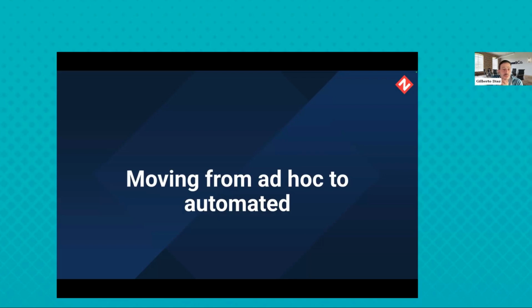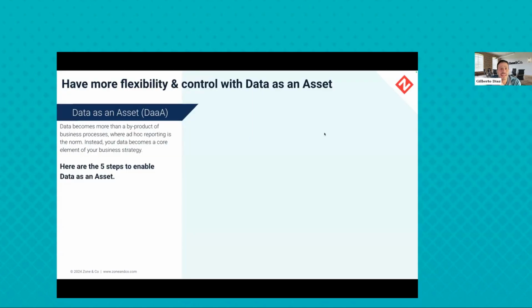So let's go from a discussion point, moving from ad hoc reporting to automation, because it seems like that is the thing to focus on. If you're able to do that in a good way, hopefully you'll be able to address those many ad hoc reports and scale your operations instead of being dragged down. So we did a little bit of thinking. I think one of the terms that I want us to focus on is data as an asset and how important data is to drive those reports.